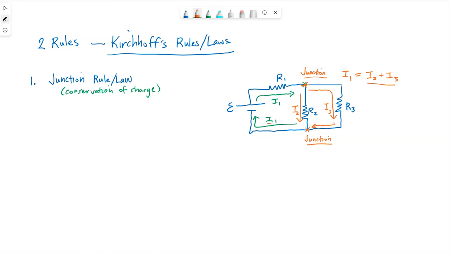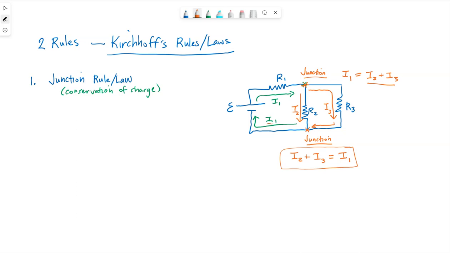At this bottom junction, we get the same equation. We say I2 and I3 are both coming towards this junction and they're going to combine back together to become current 1. So we get this relationship between the currents. This is a conservation rule because whatever current was coming in or towards the junction has to still be flowing out somehow.